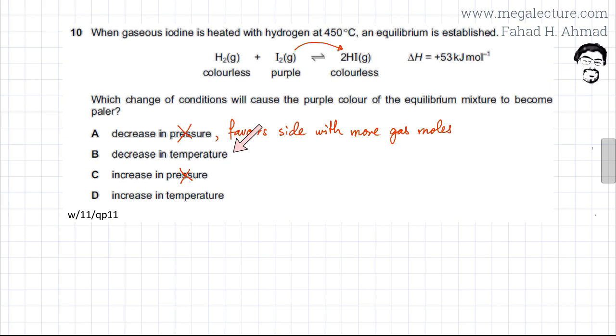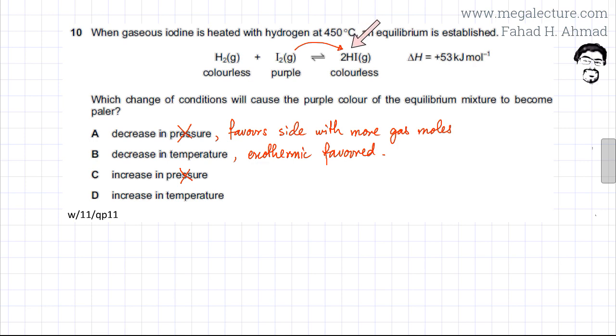Now if you look at option B, it talks about decreasing temperature. When you decrease temperature, exothermic reactions are favored. And if you look at the enthalpy change, it's given for the forward reaction, it's plus, which means it's endothermic.